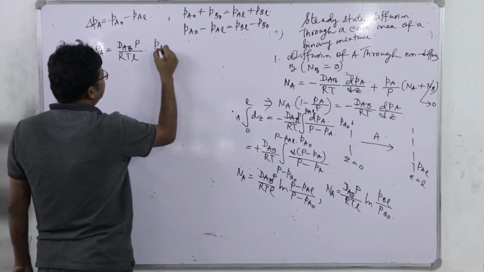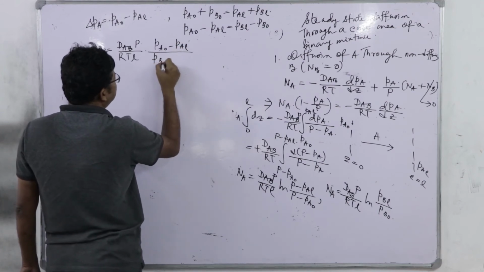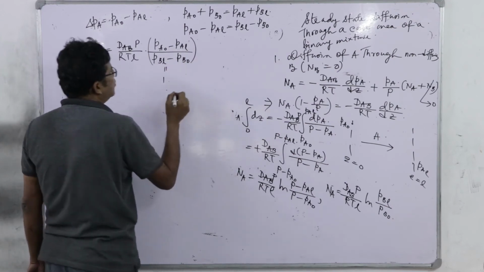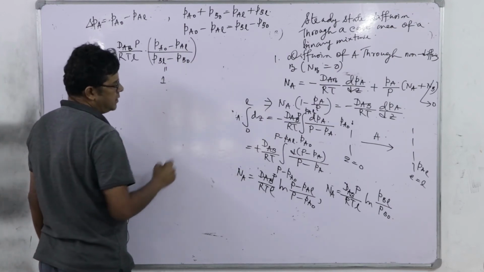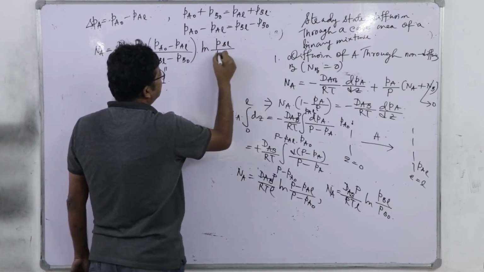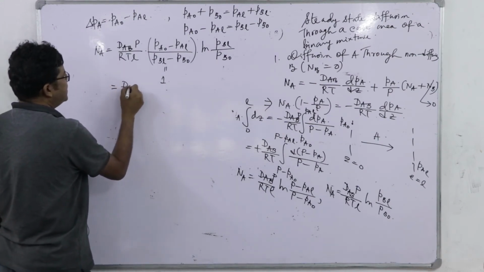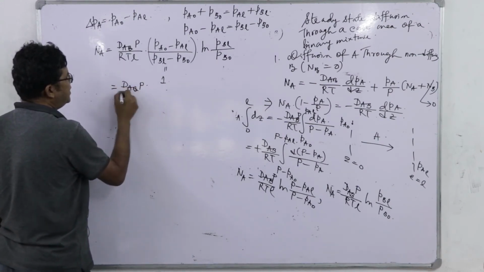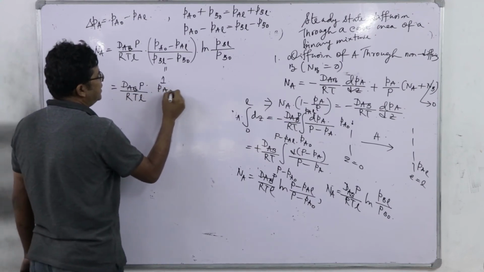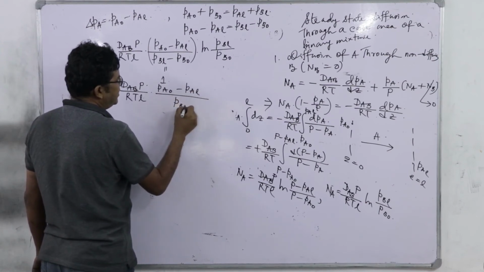Here we can write PA0 minus PAL divided by PBL minus PB0, because this quantity is equal to 1, right, into ln of PBL by PB0. So, further this becomes dAB into P divided by RTL into PA0 minus PAL divided by PBM bar.